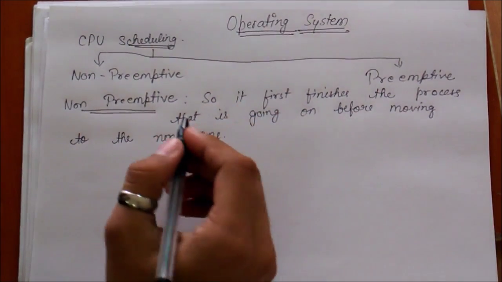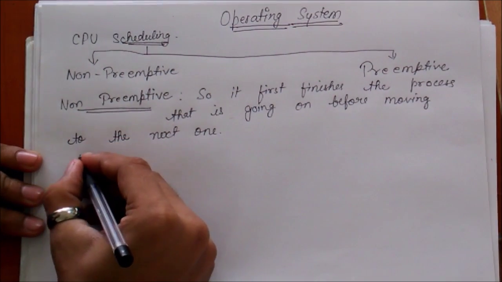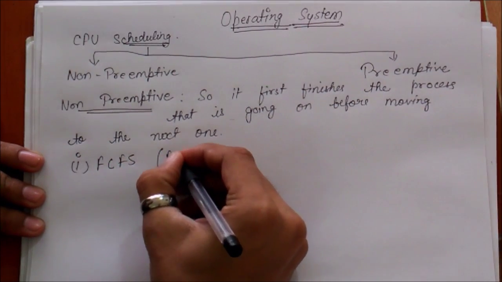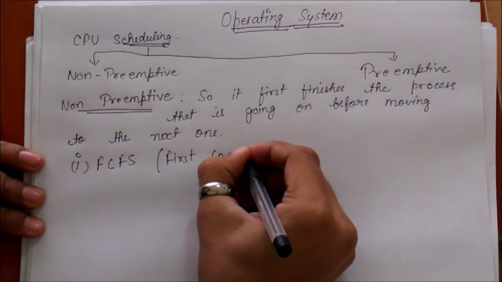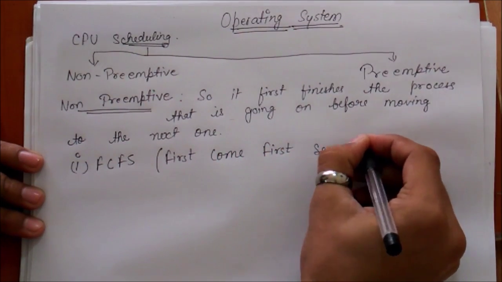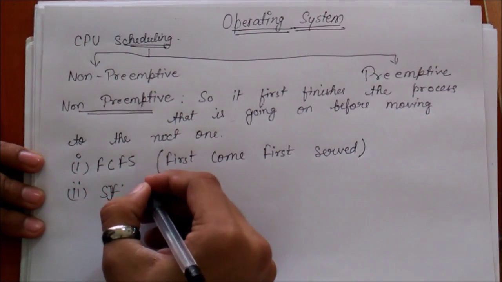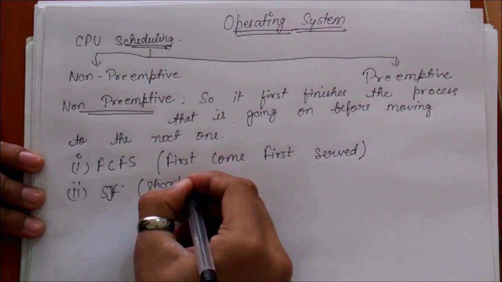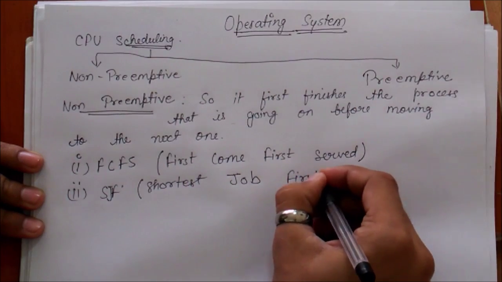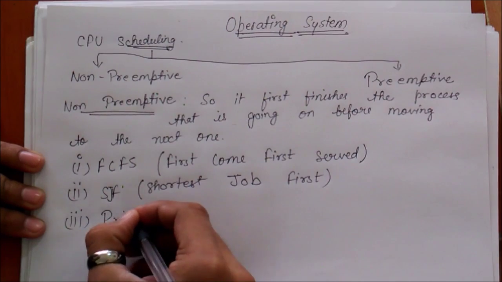So there are mainly three types of non-preemptive algorithms, which is FCFS, known as first come first served. Second is SJF, or shortest job first, and the third one is priority.